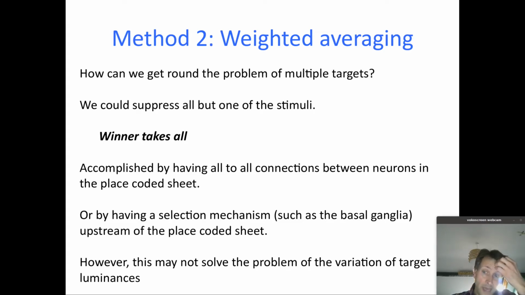Or you could have an alternative approach with some sort of selection mechanism, such as the basal ganglia, which is connected into that place-coded sheet and does the decision process for you. But it still doesn't really solve the problem of how target luminances are varying, unless, as I said, you have some mechanism by which you maximize the firing in that place code.